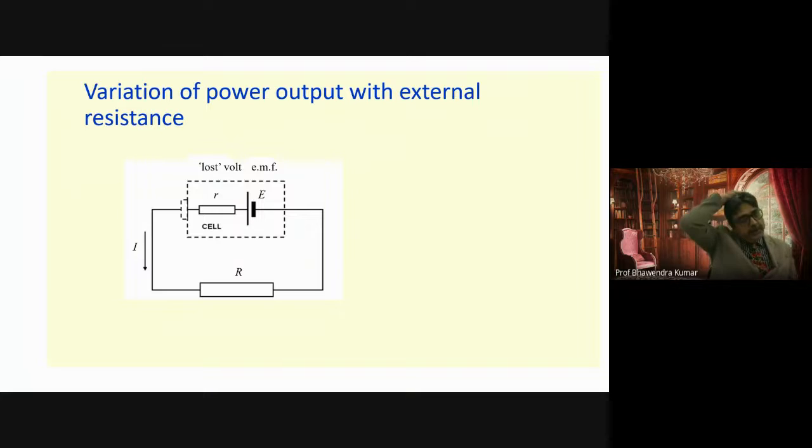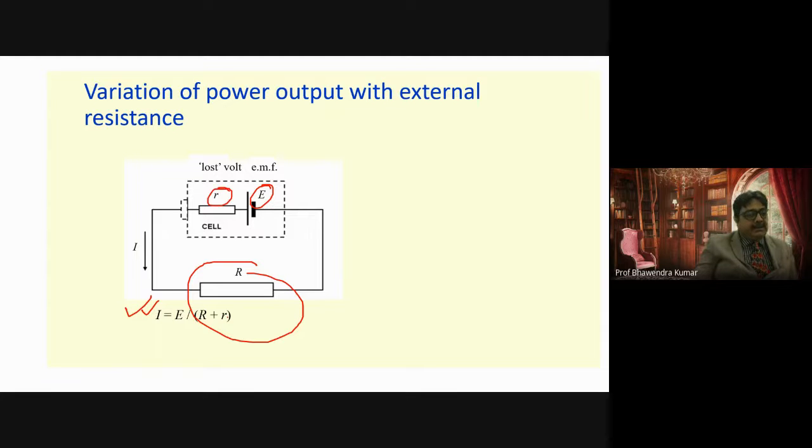Now when we talk about the variation of power with the external resistance, if you are able to change the external resistance, then we know that I will be E divided by R plus r, where E is the EMF of the cell, small r is the internal resistance of the cell, and the power output will be what?